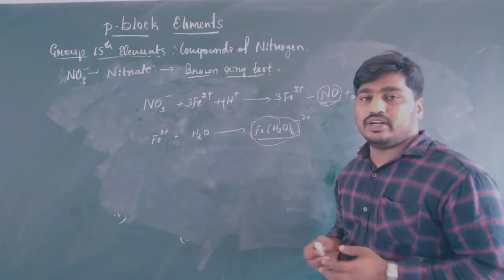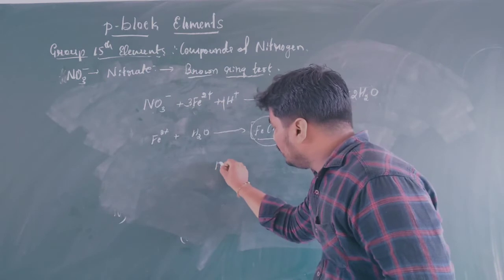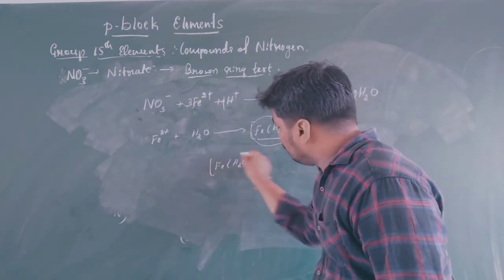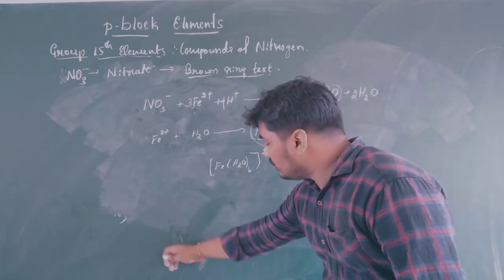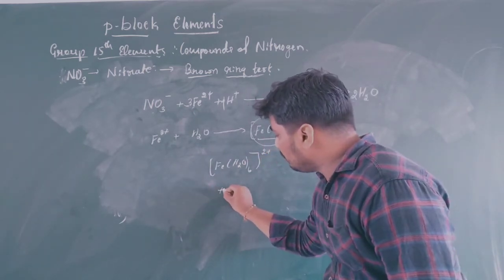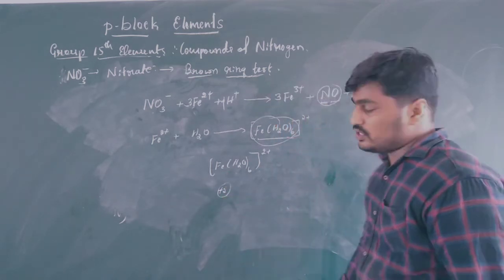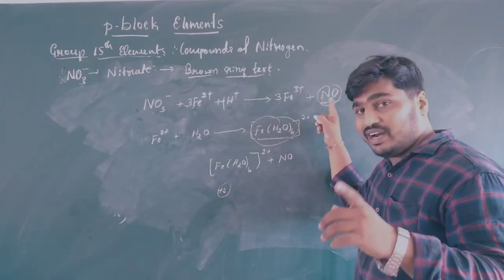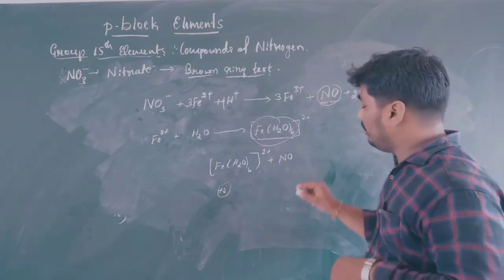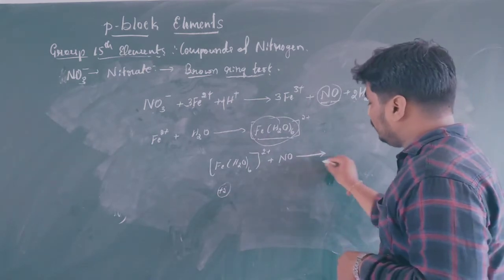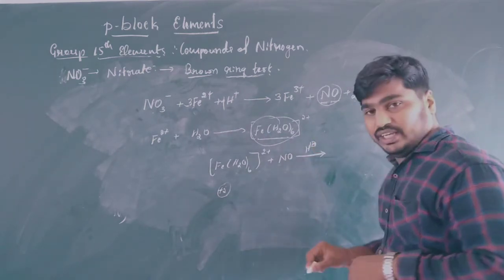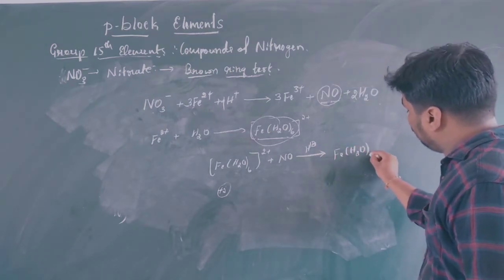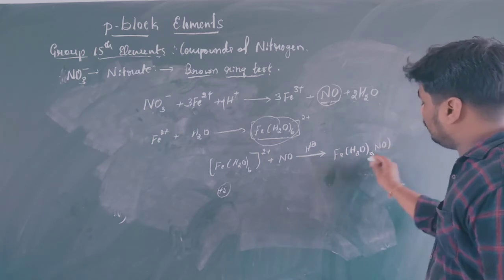So what happened in the brown ring test or brown ring formation? Fe(H2O)6 2+, here the iron oxidation state is +2. Please remember, the iron oxidation state is +2 when it reacts with the nitrogen monoxide or nitric oxide that formed in the first step, and in a small quantity of acidic media it produces Fe(H2O)5NO.